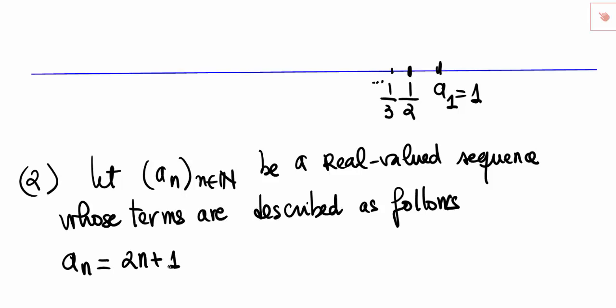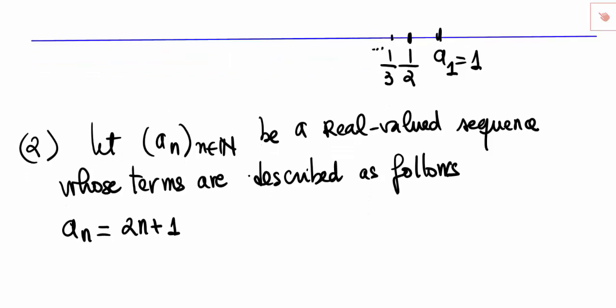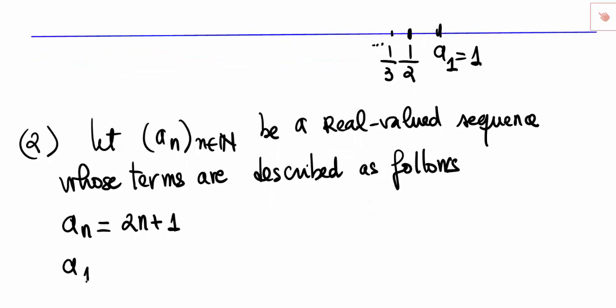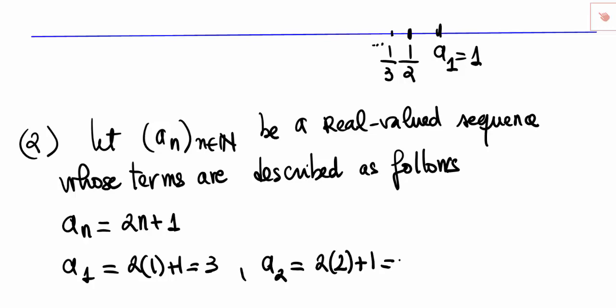Now, of course, the first term of the sequence a1 is 2 times 1 plus 1, which is 3. The second term a2 is 2 times 2 plus 1, so that'll be 4 plus 1, which is 5. a3 will be 7, and it keeps going like that indefinitely.